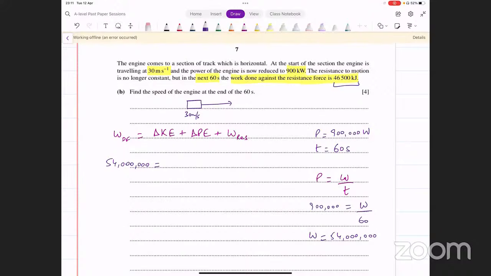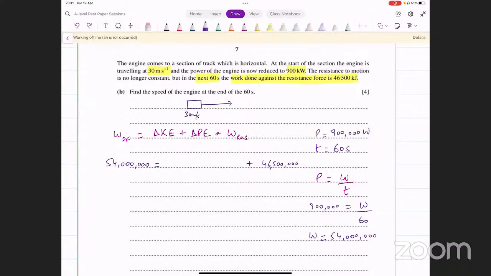That is 46,500 kilojoules. So we've got to be careful. Kilojoules में है ये भी, तो ये इसमें 3 zeros हम extra add करेंगे. So we've got that given as well. What about change in kinetic energy and the change in potential energy?